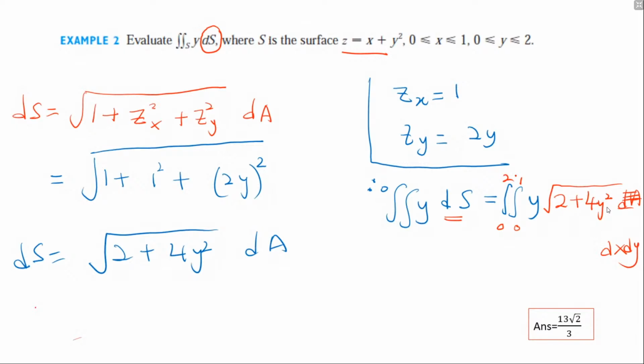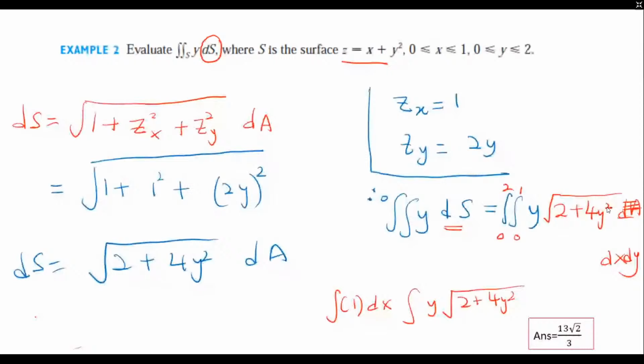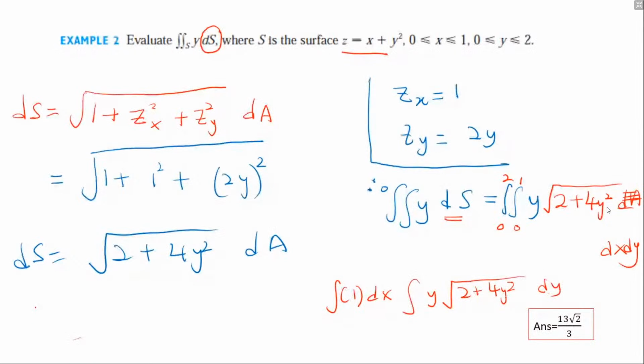For this case, you can apply the product theorem, where you just split it. You integrate with respect to dx. For dx, we don't have any variables, so 1, multiplied with y times the square root of 2 plus 4y squared, integrated with respect to y, because you can split your functions in x and y, where x is from 0 to 1, y is from 0 to 2.